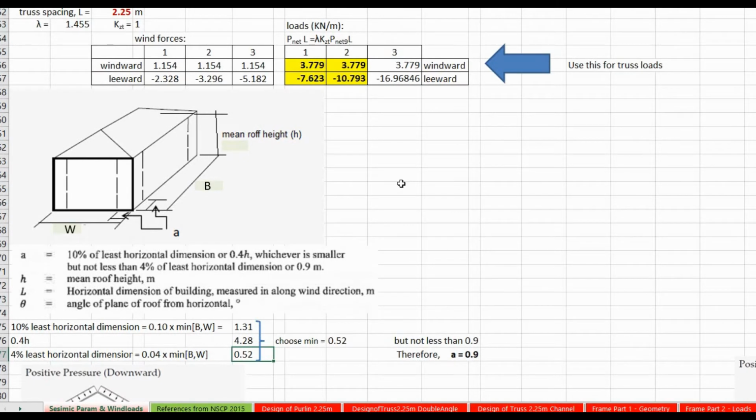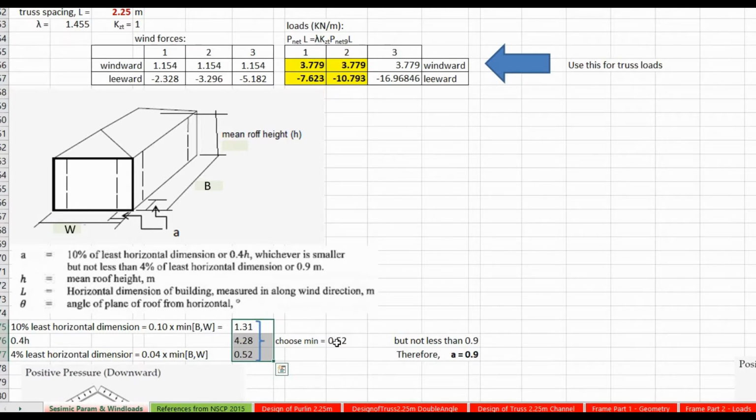And then, finally, 4% of least horizontal dimension in Excel, that is equal to 0.04 times minimum of B or W. Okay? And that is 0.52. Ngayon, hanapin mo yung minimum dyan sa tatlong yan, and we have 0.52.